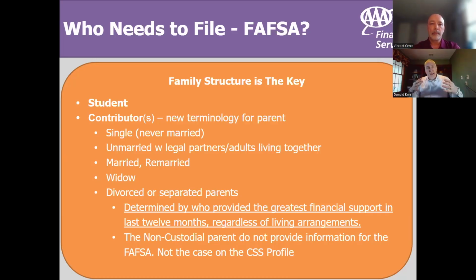But if you've got a situation where there's been a divorce and the biological parents are now separated and one of the parents has remarried, it's going to be the biological parent who provides 51% or more of the support and their new spouse. The other biological parent that provides less than 51% of the support will not be in the picture.